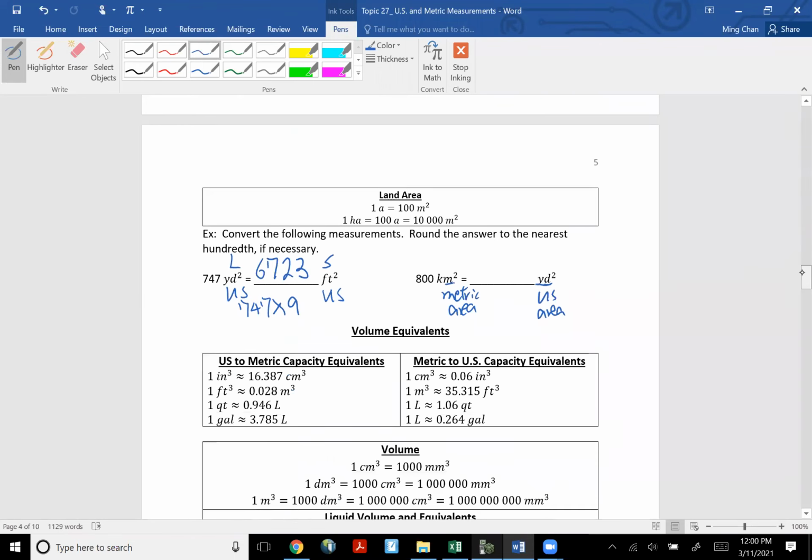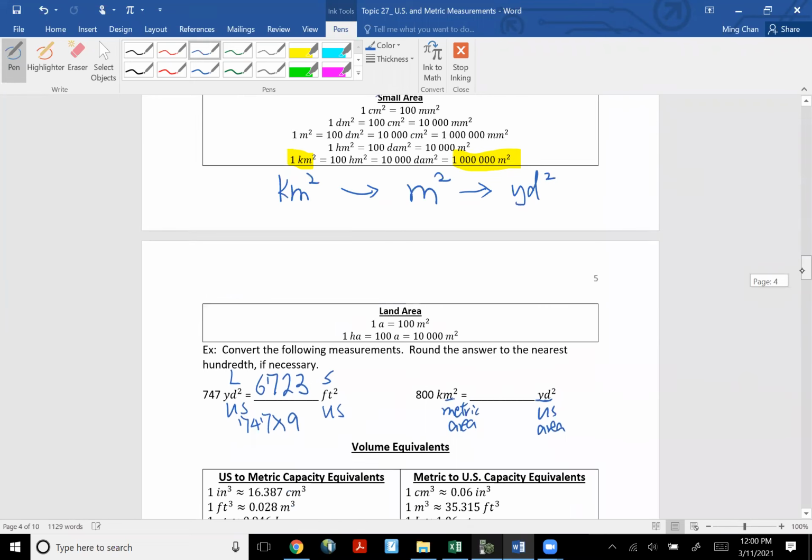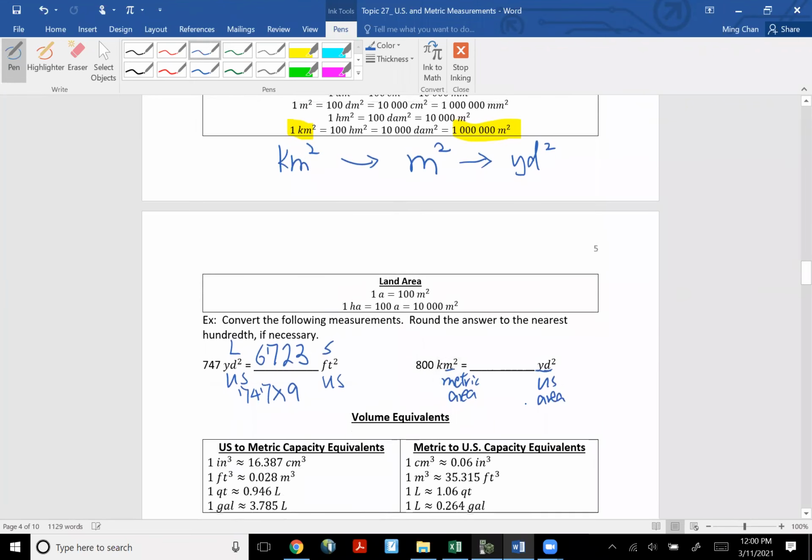Okay, so let's do dimensional analysis. The space is kind of small, so I'm going to write it up here, okay? Starting with my 800 square kilometer over 1 times another fraction, put my square meter down here. I need to get to square meter first, so I put my square meter on top.